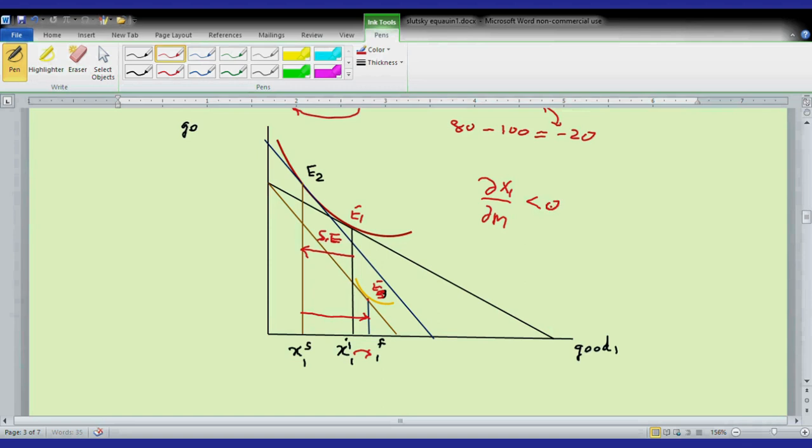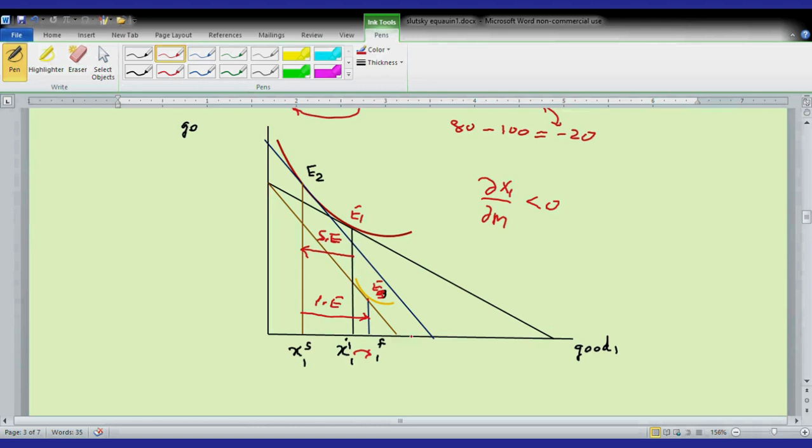Here again the good is an inferior good, but in this particular case the income effect that is causing an increase in consumption of good 1 is dominating the substitution effect, and so the net effect is the one that is caused by the income effect, and as a result we observe that the total effect is from x1i to x1f.